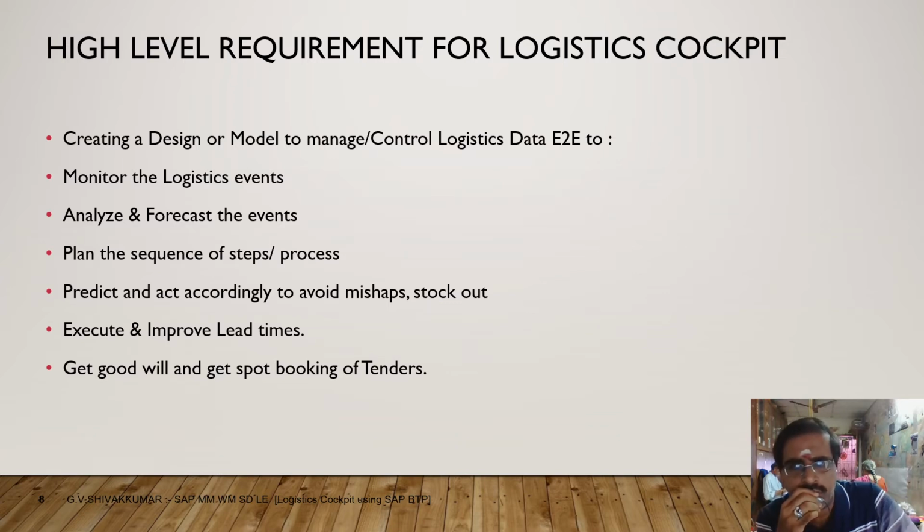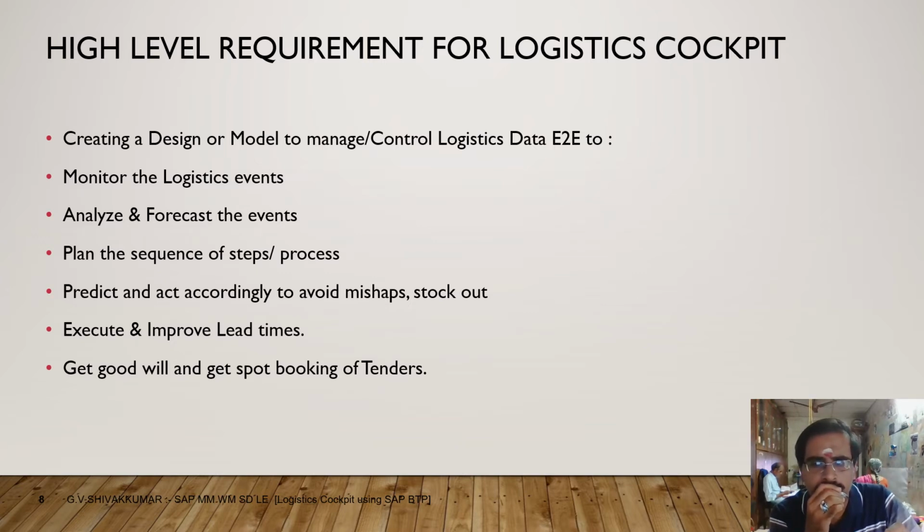Based on the analysis and the forecasting of events, we can plan the sequence of steps and process: which activity to be done, which action to be taken to get an error-free process. All these things can be planned and properly structured in a sequence to complete the entire process, and predict and act accordingly to avoid mishappenings.